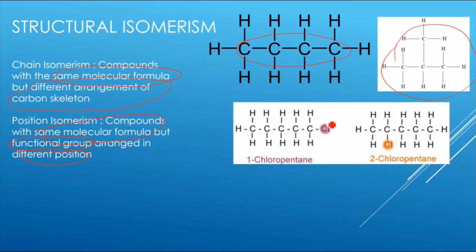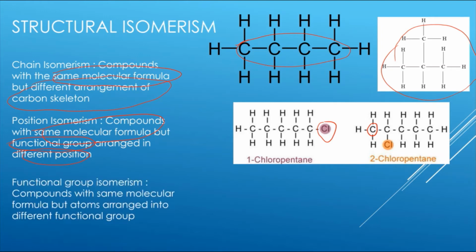For example, this is attached to the first carbon, whereas this is attached to the second carbon, and it could also be attached to the third carbon. This would also be considered position isomerism. But if the chlorine was attached there, this wouldn't be position isomerism because it would still be attached to the first carbon atom.